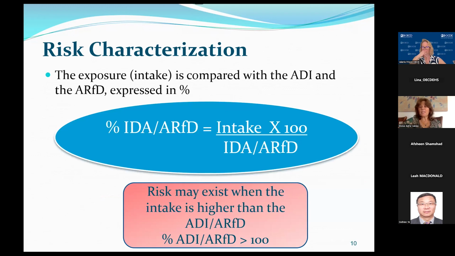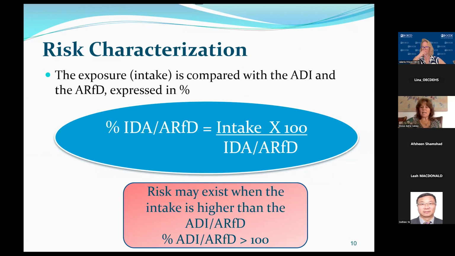And the final process, after we define the toxicology, establish the ADI and or acute reference dose, and estimate the intake, is that we have to compare. We do that normally by dividing the intake that was just estimated by the ADI, sorry, it's in Portuguese, the acronym here, I'm sorry. And multiply by 100 because we normally express it as a percentage.